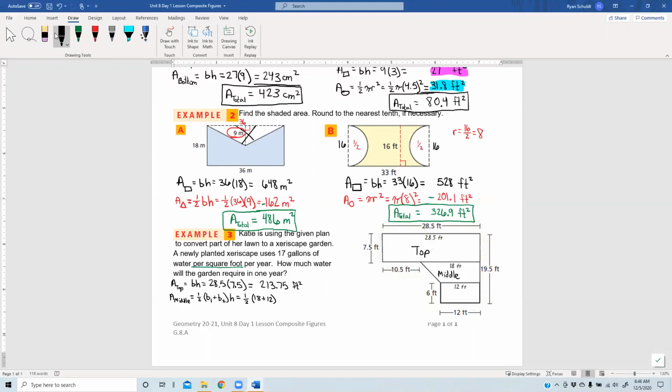Oof, I don't have my height. Let's see. What can I gather though? I know that this piece is 7.5. This piece is 6. What does that piece have to be then? Well, you can do 7.5 plus 6. That gets you 13.5. And then subtract that from 19.5.